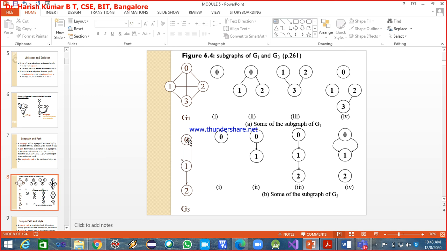These two form a subset of the vertices in the main graph, and this edge again forms a subset of the edges in the main graph. This is again a subgraph. This is one more subgraph, and this is one more, but this is a disconnected graph. So, disconnected subgraphs.